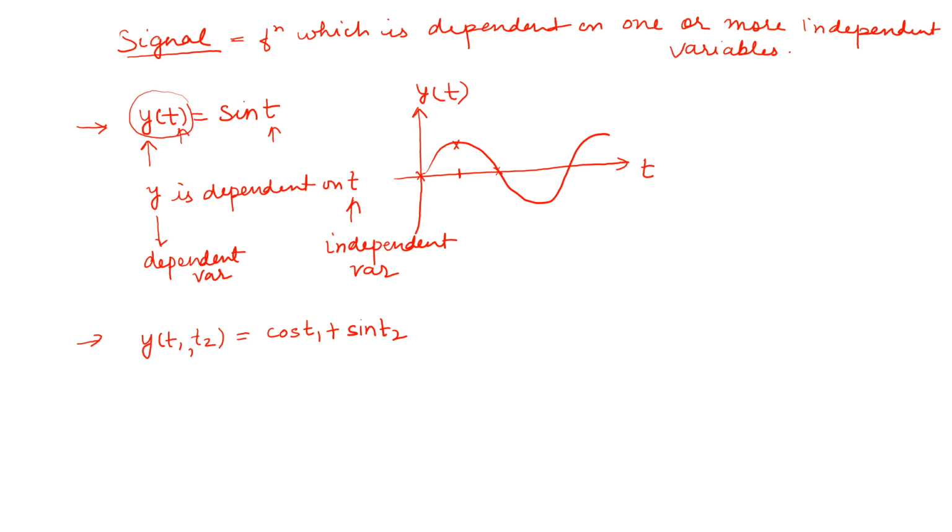Now let us take some more examples of signal. This was the first example. There can be many examples. For example, if I write y(t) is equal to t, this is also a type of signal, which is called a ramp signal.